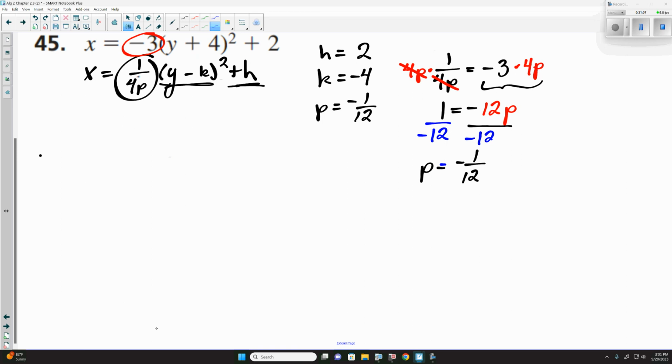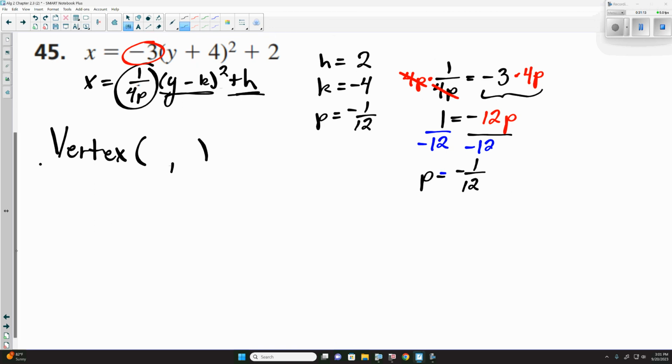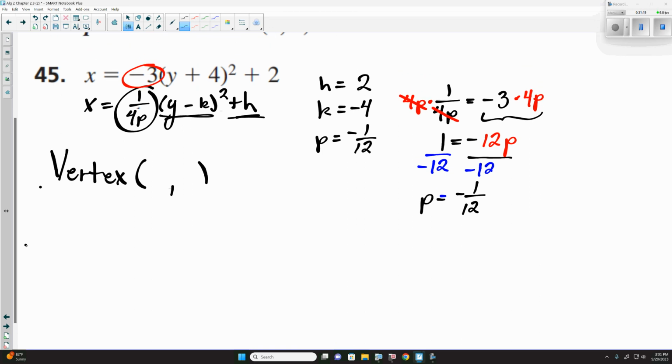So now we just need to find the vertex. Well, our vertex for this form is the point h comma k. Well, our h value is 2, and our k value is negative 4.